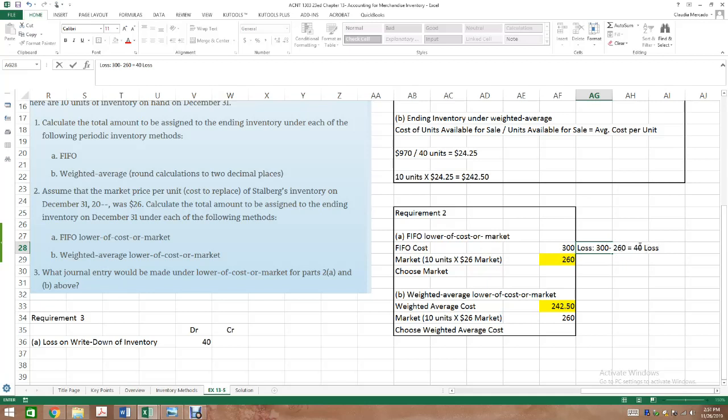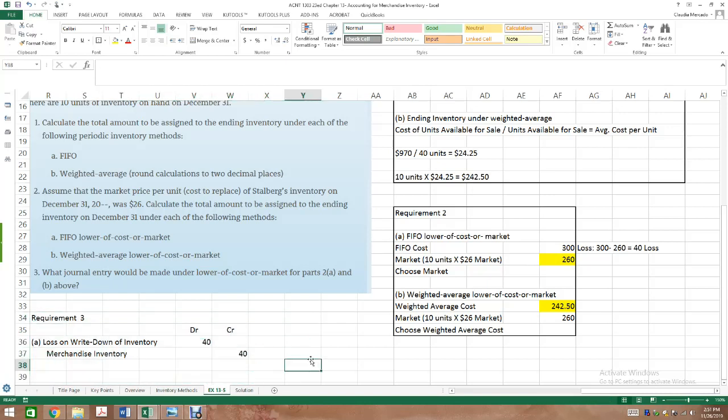I have to decrease it by $40 to make it go from 300 to 260. So that's the first transaction, or your debit. Now we're going to update our merchandise inventory because we want it to reflect the correct amount. The correct amount that we should have in our inventory is $260, so we are making the adjustment for that.